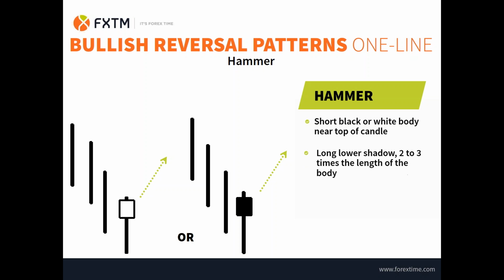The important thing to remember, though, is that there is a long lower shadow. As you see here, there is a long lower shadow, which is 2 to 3 times the length of the body. Okay, these are the specifications of the hammer. And again, the upper shadow is very tiny or does not exist at all.